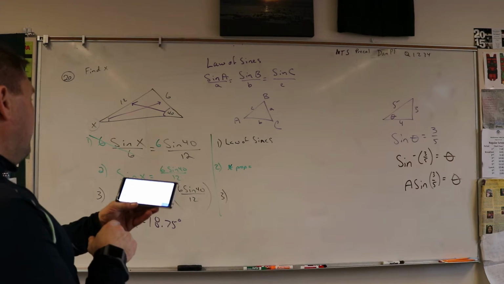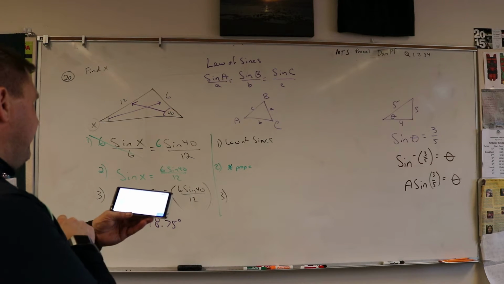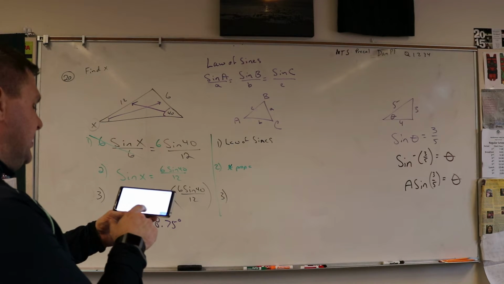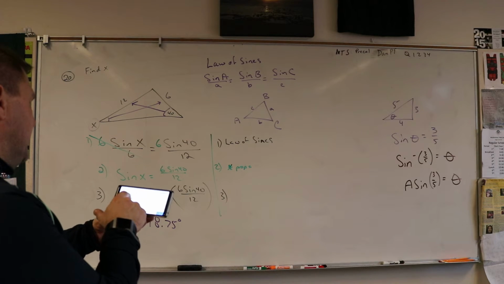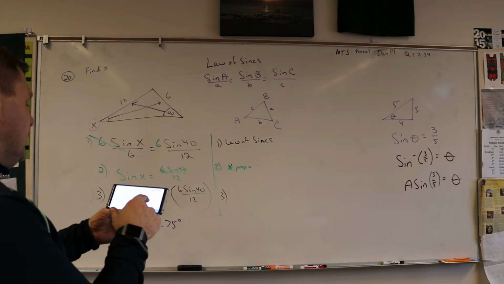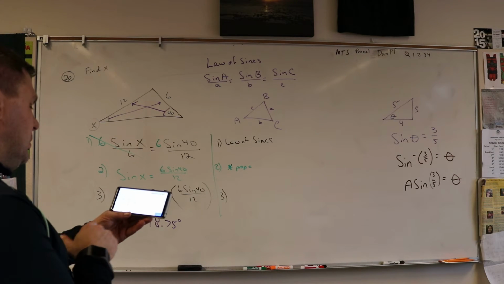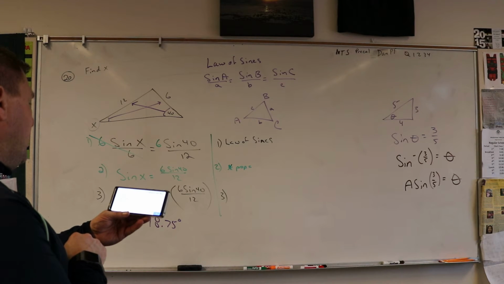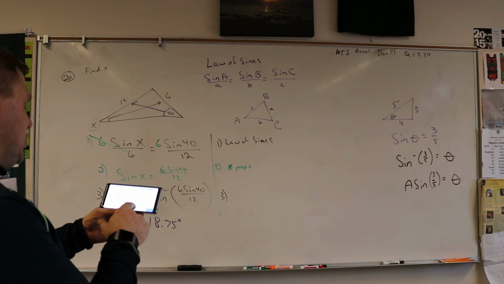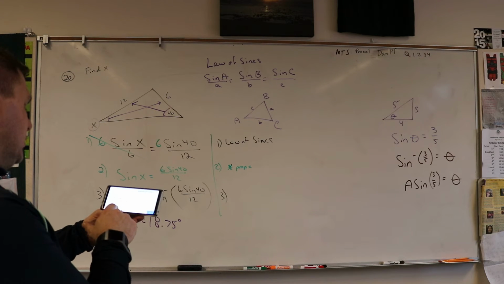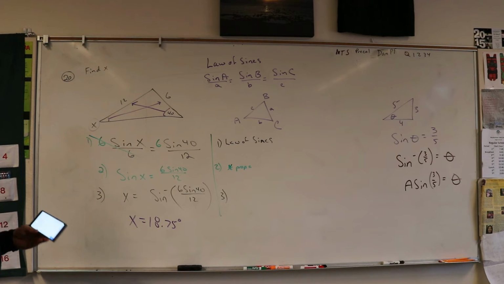So, I'm going to go inverse sine of 6 sine 40 divided by 12. It equals, and I get 18.74 again, 75. Okay.